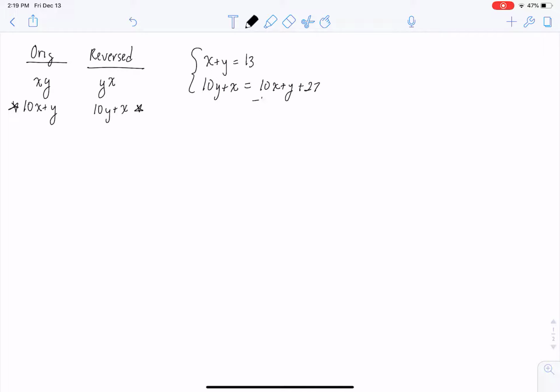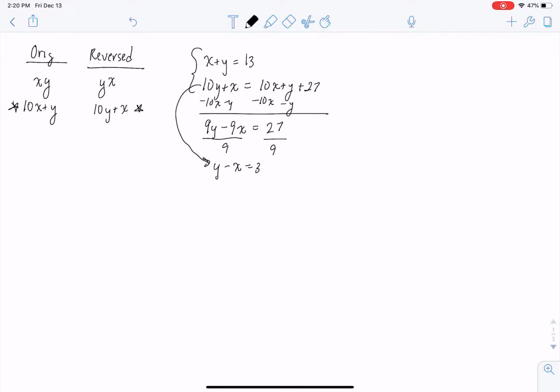So I'm going to subtract 10x and subtract y from both sides, minus 10x minus y. And we get 10y minus y is 9y, x minus 10x is minus 9x equals 27. And now I'm going to divide both sides by 9, right? And I get y minus x equals 3. So that was the second equation, right? That was this equation. I just simplified it.